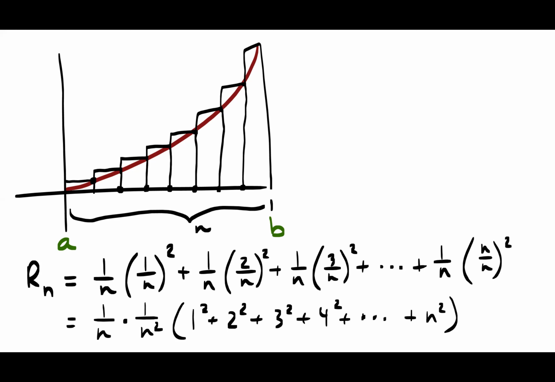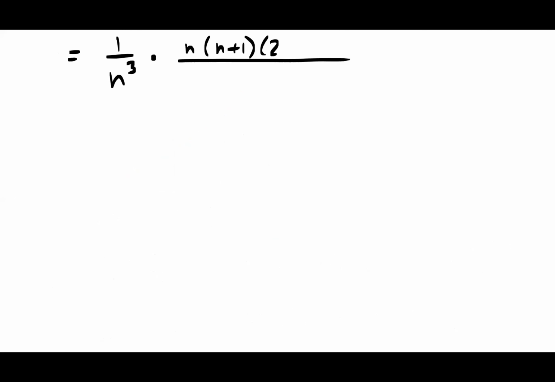I think that's the 1/6 thing I'm going to give you, yeah. Perfect. Okay, so real quick here, I'm going to multiply this together. This will be 1/n, and 1/n squared makes 1/n cubed. And the formula says n plus 1, 2n plus 1 over 6.